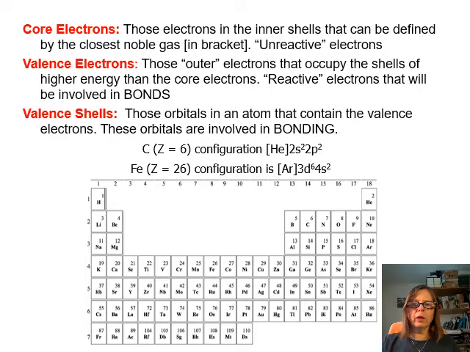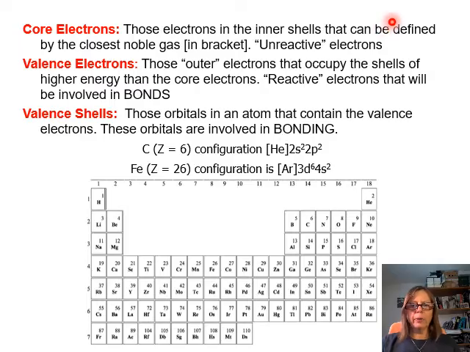You may think that an element is much like an onion with layers or shells of electrons over top of each other that expand further and further out from the nucleus as we go down the periodic table. So let's review a few definitions.